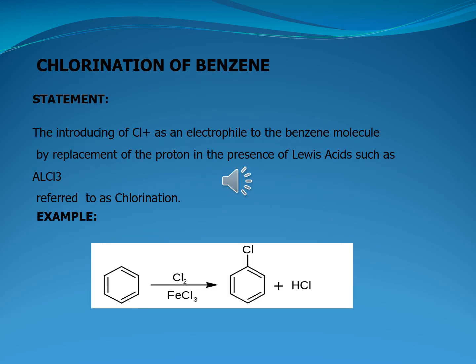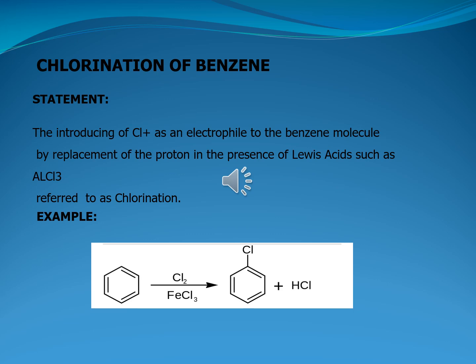Chlorination of benzene. Let's see the statement of chlorination. The introduction of chlorine as an electrophile to the benzene molecule by the replacement of a proton in the presence of a Lewis acid, that is aluminum trichloride, which activates the reaction rate, is referred to as chlorination. In the example you can see over here, a reaction is carried out between the benzene molecule and chlorine in the presence of iron trichloride, which is a Lewis acid and acts as a catalyst which activates the reaction rate.